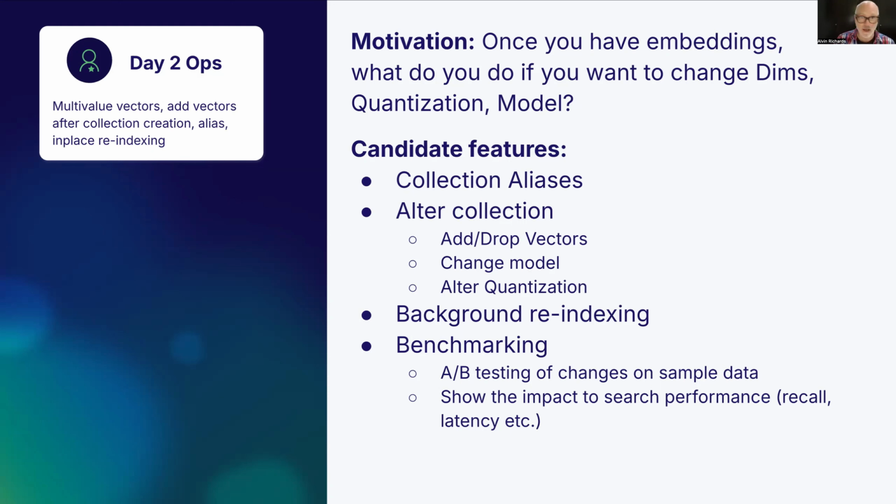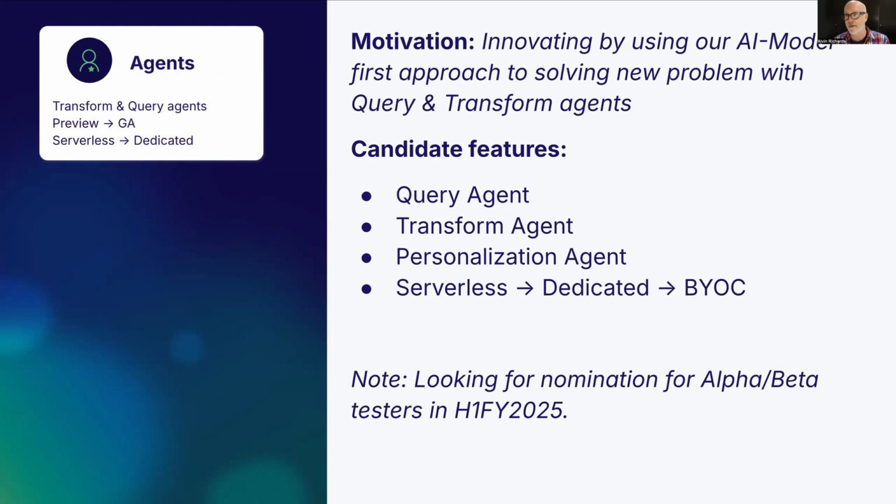All right, 3 minutes left. Agents, I could spend hours talking about this, but there's lots of blogs you can read on our website. First up is the query agent. The easiest way to think of it, if you've used text to SQL, you can write a prompt in English and send it to the query agent.